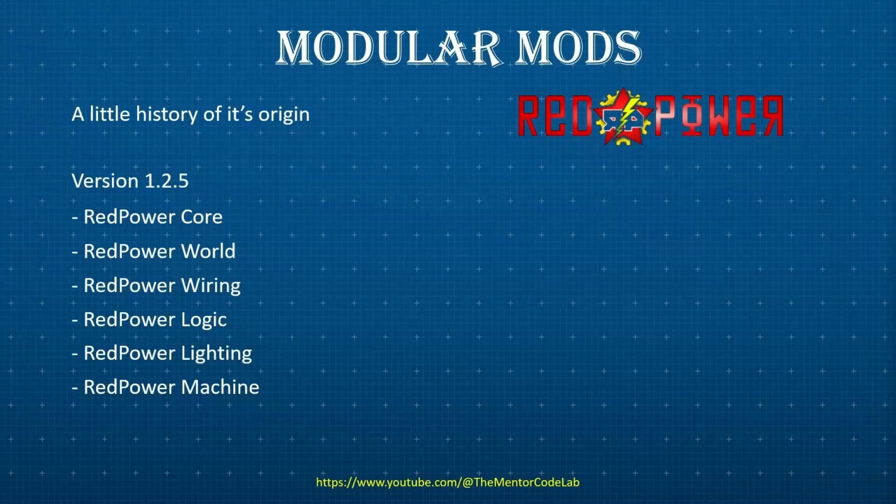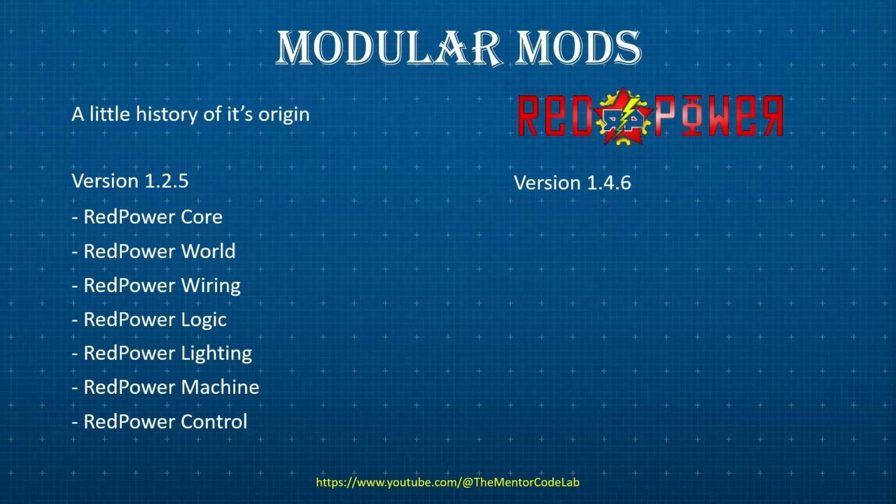Finally, as the last production in the chain, she developed Red Power Control. Now, Red Power Control, if I remember correctly, was all about tubes that would transfer items from one inventory to another inventory.